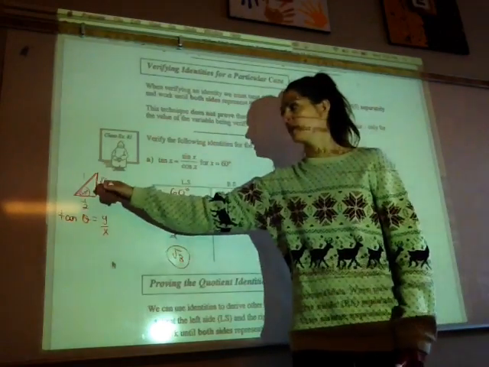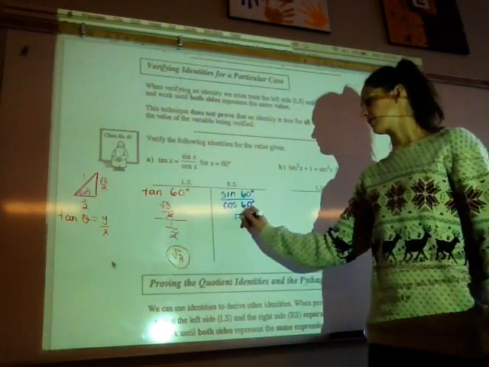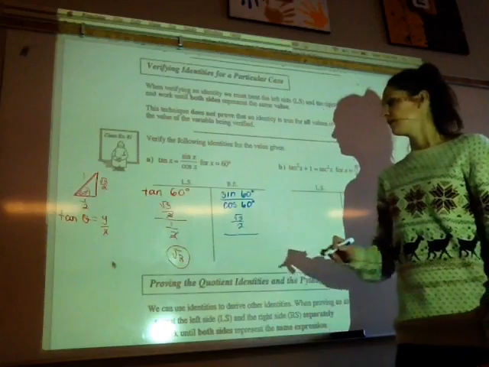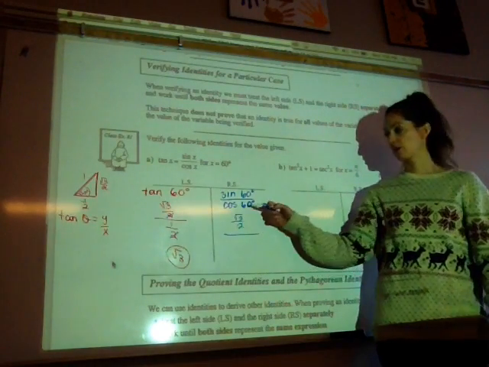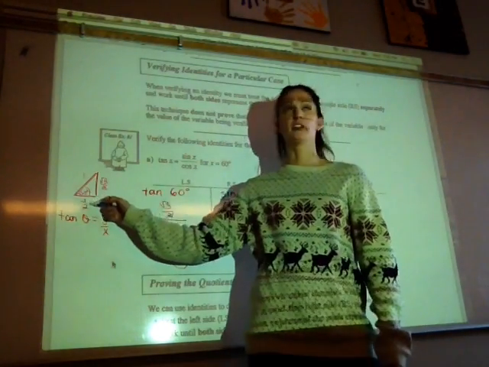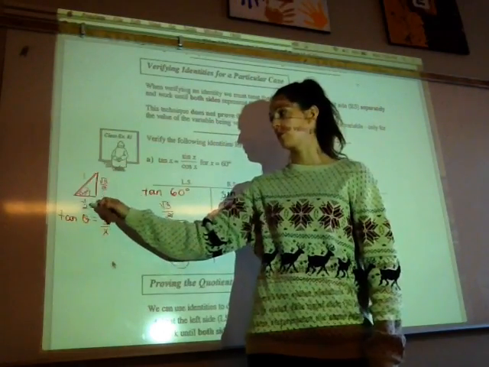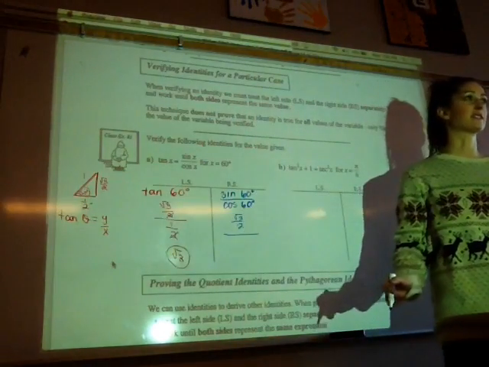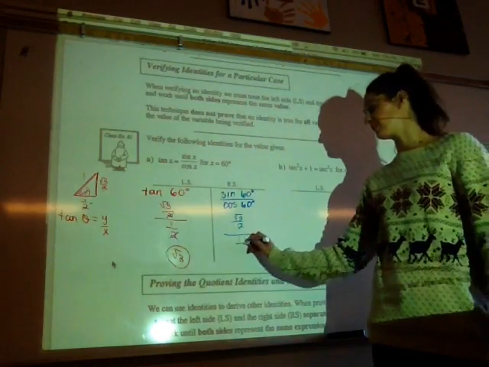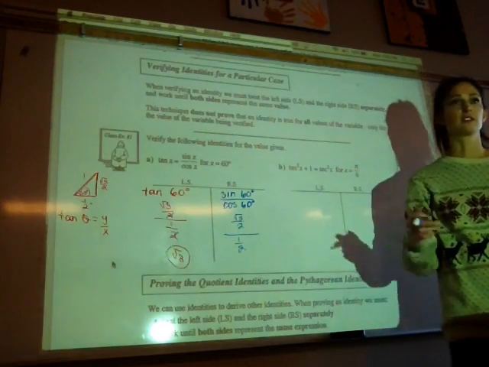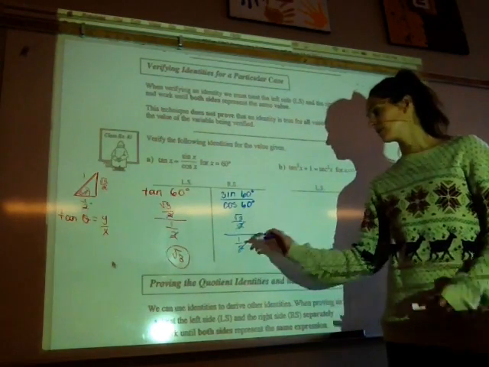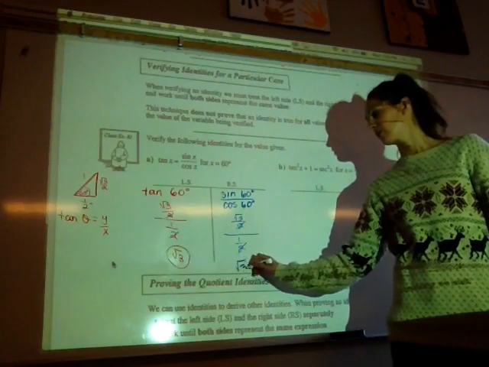I could just use my y value. I end up with root 3 over 2. That's the y coordinate. Now cosine 60 is adjacent over hypotenuse, so 1 over 2 over 1. But because it's divided by 1, we don't need to show it. Similar to the left-hand side, these 2's cancel out, and we're left with root 3.